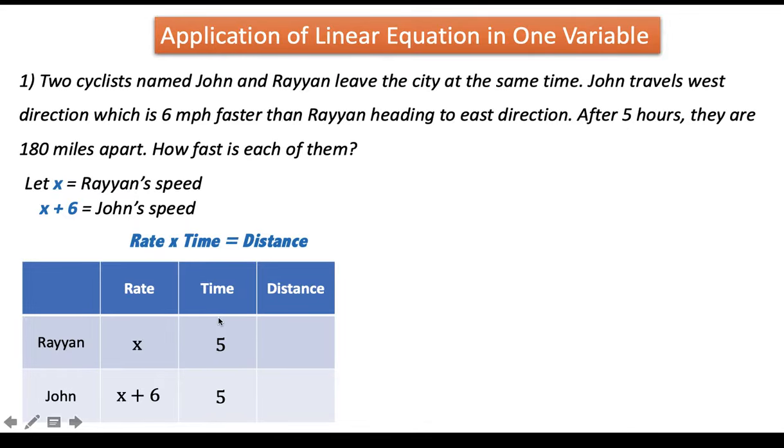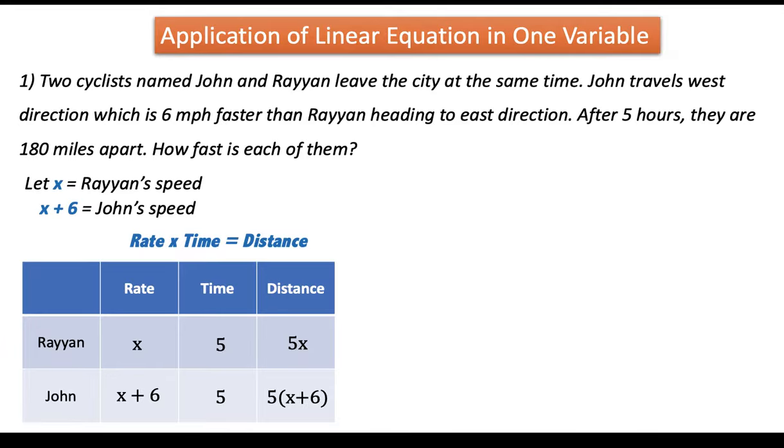So the distance of Ryan with this speed x in 5 hours is x times 5, that is 5x. John's distance in 5 hours is 5 times the quantity x plus 6.